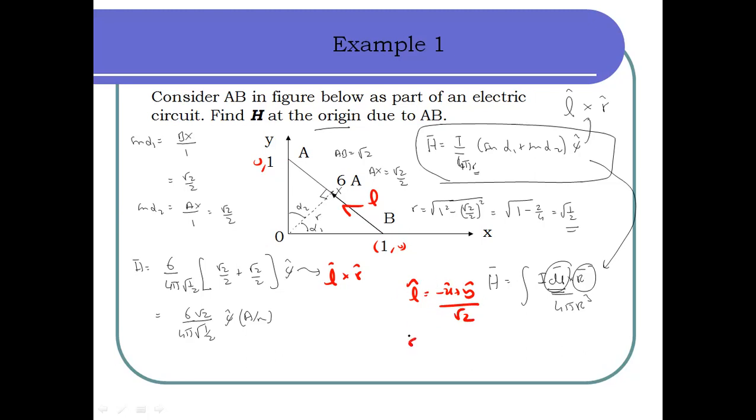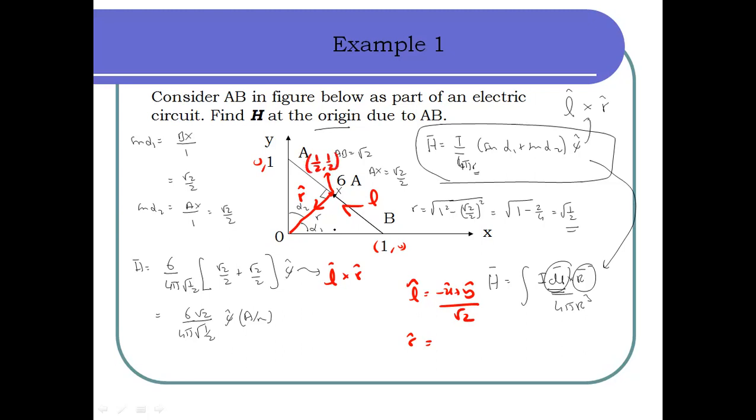Whereas the unit vector of R is based on the perpendicular distance, or radial distance, from the filament to the point of interest here. So that should be your unit vector of R, and we know that the coordinate of this point is (half, half) because it is located at the center.